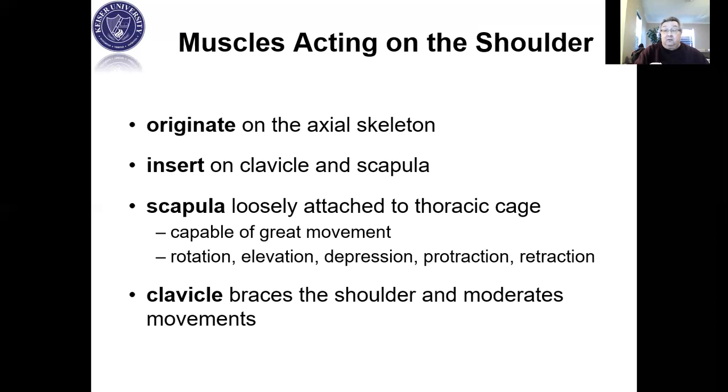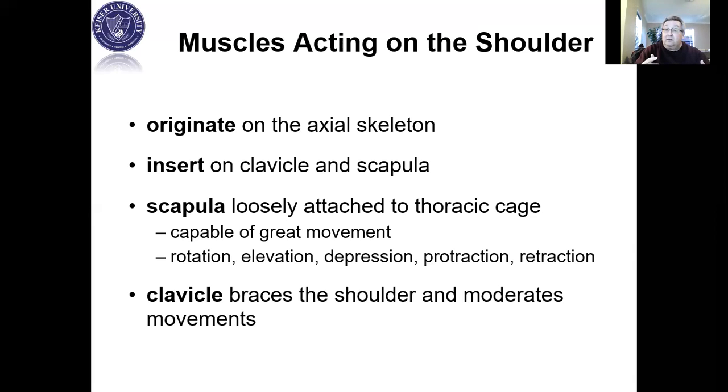Now, the scapula, that bone on your back, also has a lot of motion. It rotates. We've spoken about how it elevates and depresses, and how it goes in and out. It protracts and retracts, so we also need to know the muscles that do that, and we've gone over a few of them. When we're talking about elevation, the upper trap and the levator scapula are two of the muscles that elevate.